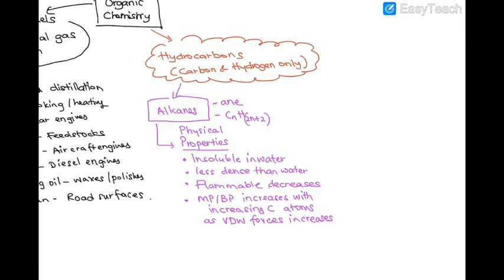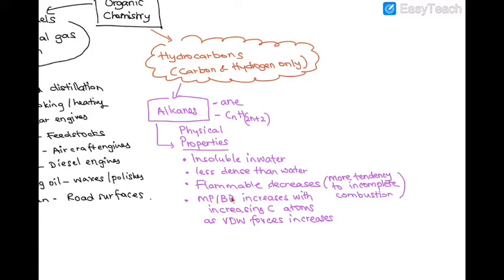All alkanes are insoluble in water. They are less dense than water. They are all flammable, but as the number of carbons increases, the flammability decreases. So as the number of carbons increases, it has a higher tendency of going for incomplete combustion.